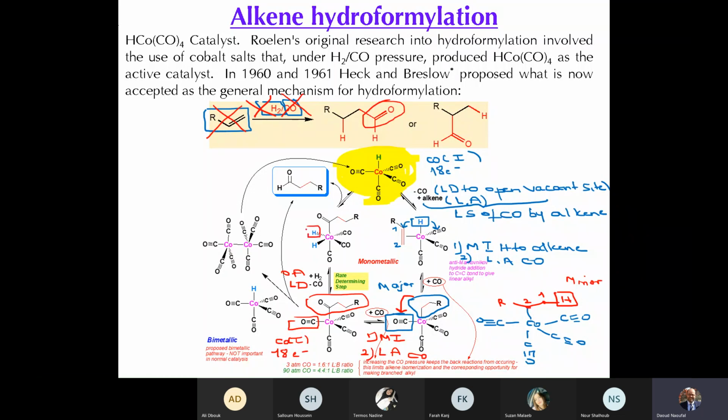Okay, this is hydrogen and hydrogen. Then by reductive elimination, we remove the H minus with the R minus to form this structure, which is the first product. This is the major product. Why is this the major? Since it has been formed from the major intermediate.